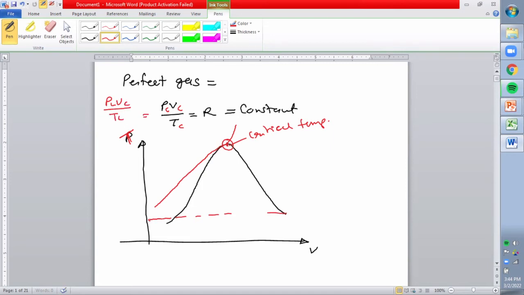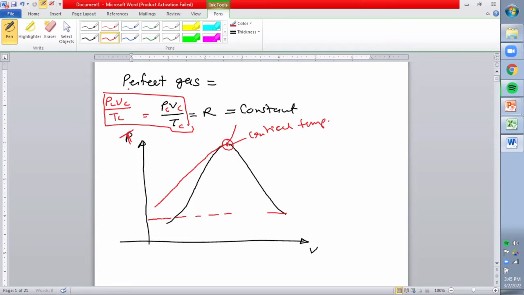So at very low vapor pressure and very high temperature, we always get the relation P1 V1 by T1 is equal to P2 V2 by T2, and this relation is always constant. This is only possible in the case of a perfect gas.